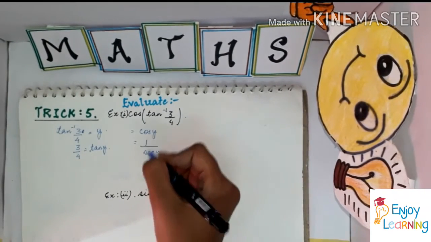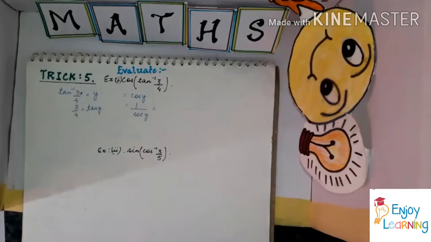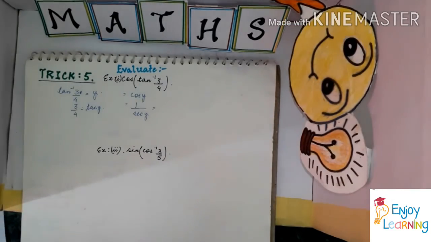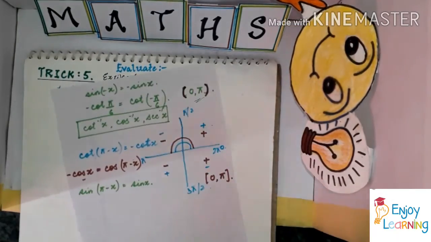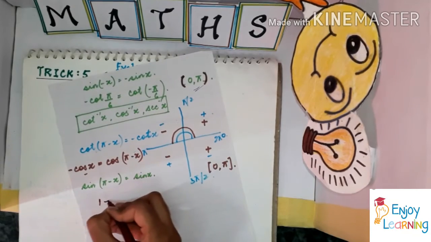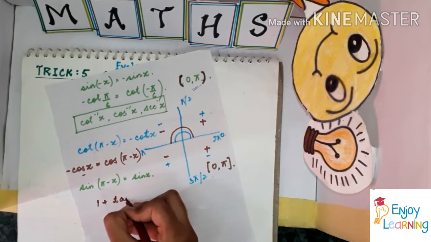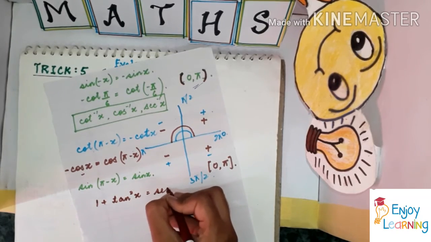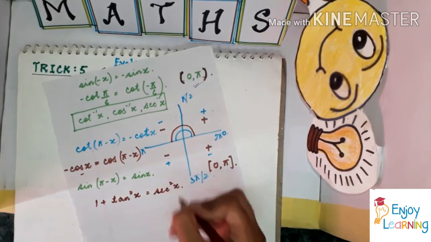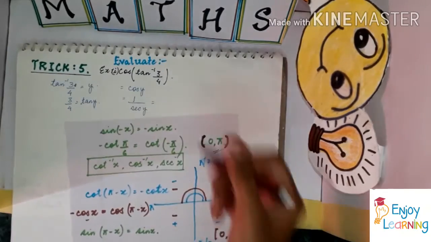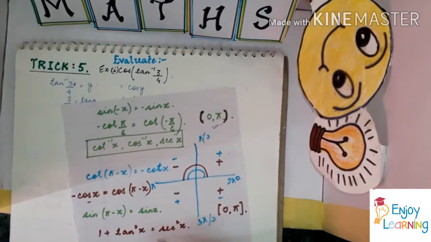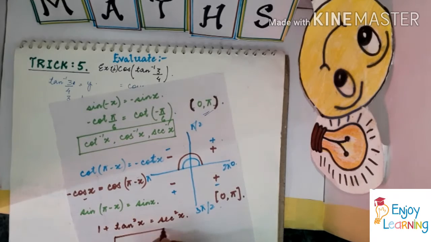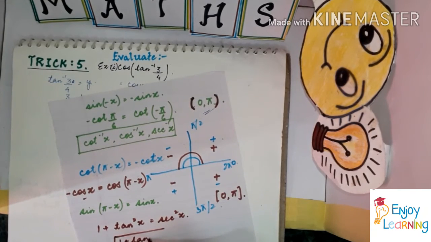Yes, you can write. Then here again we have to use a property. You must have remembered this, that 1 plus tan square x is equal to sec square x. So in place of sec x, you can write under root 1 plus tan square x.